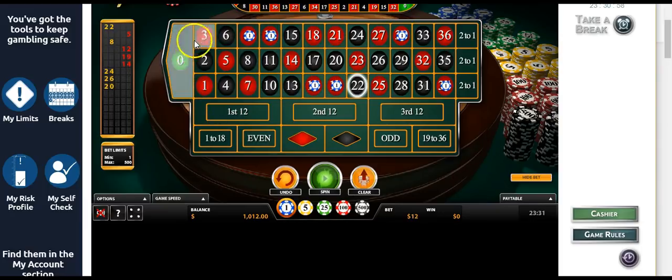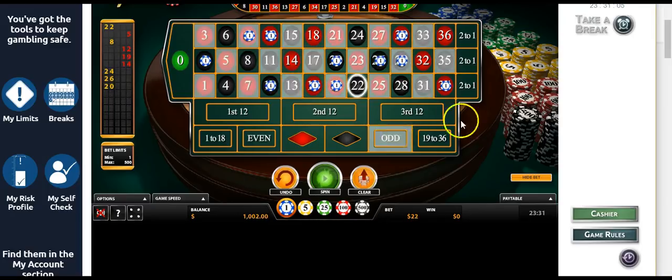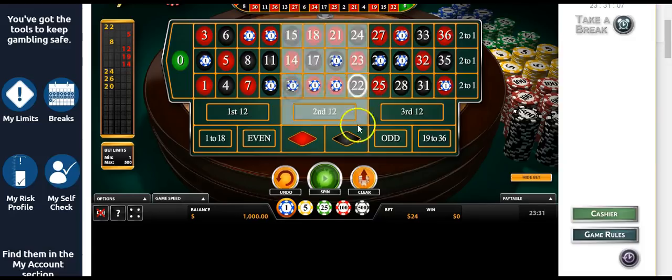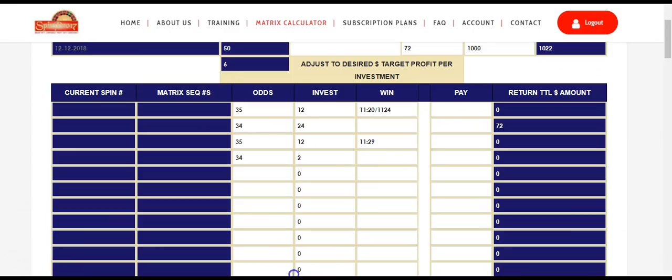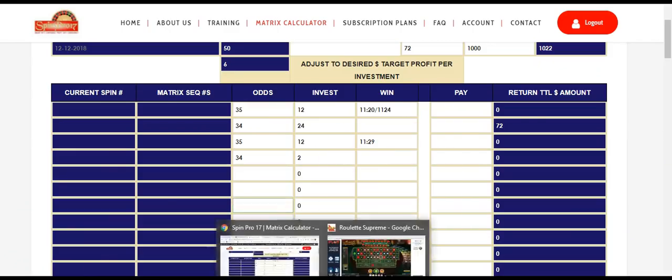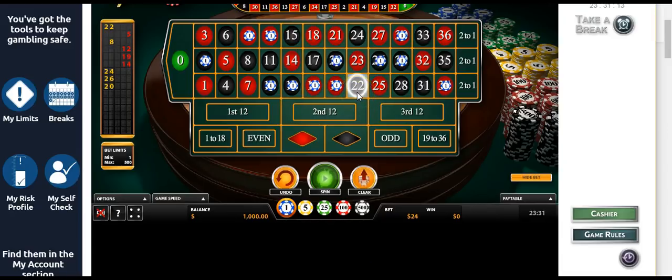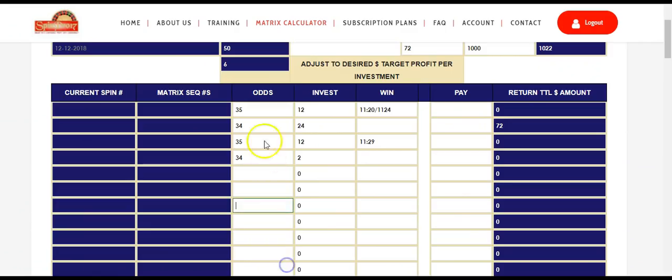So let's go here. Okay, so let's assume that it was that. Well, it isn't that because we would be betting 22 as well, right? Whatever your sequence number is that comes down, that's one of the 6 numbers that you're going to play. We're not using that. So this would be 24.